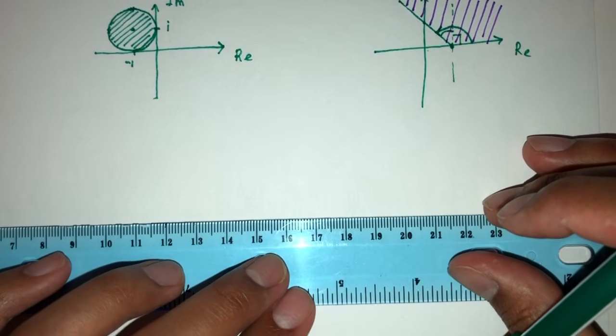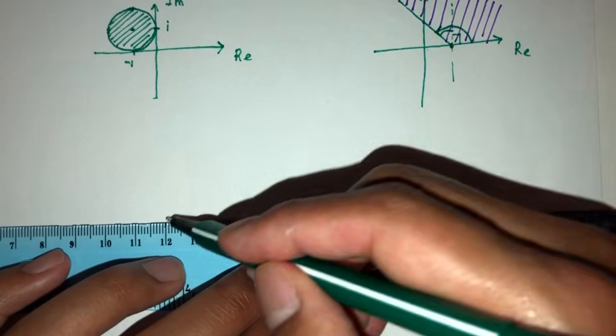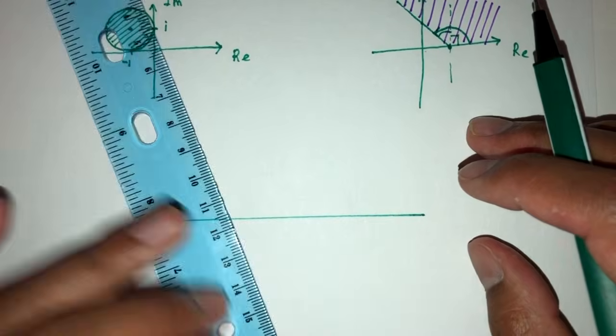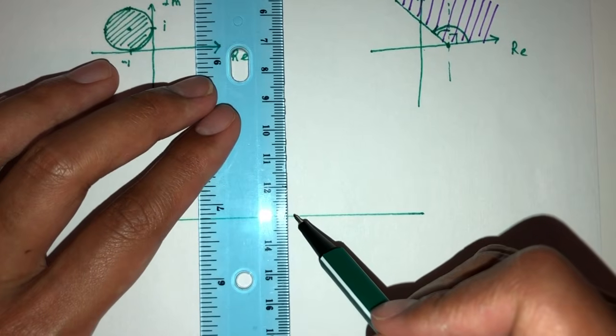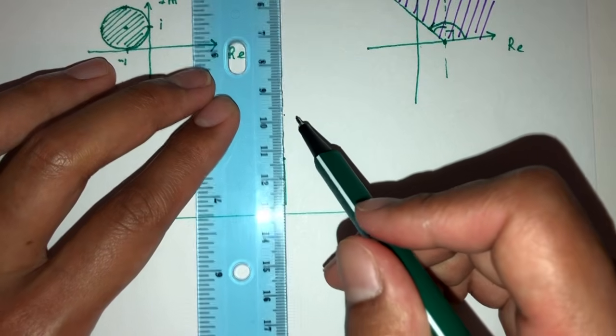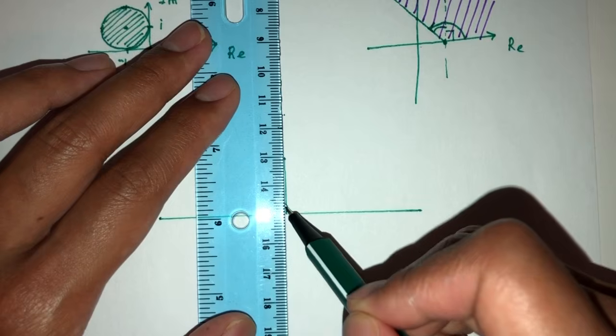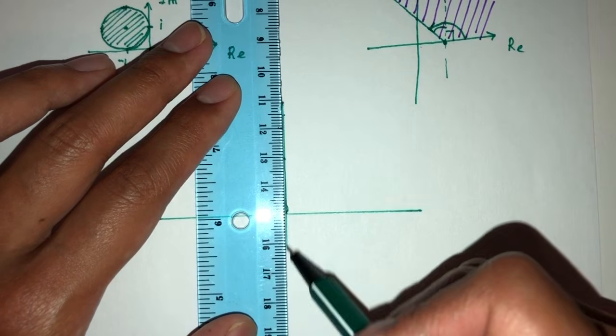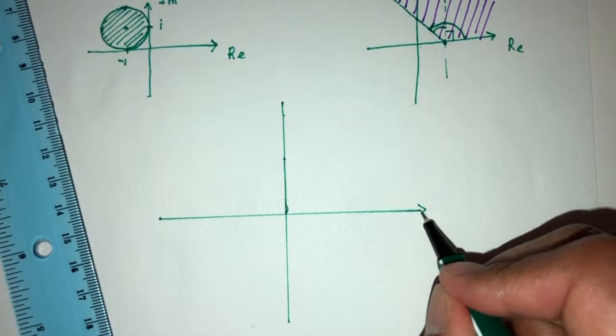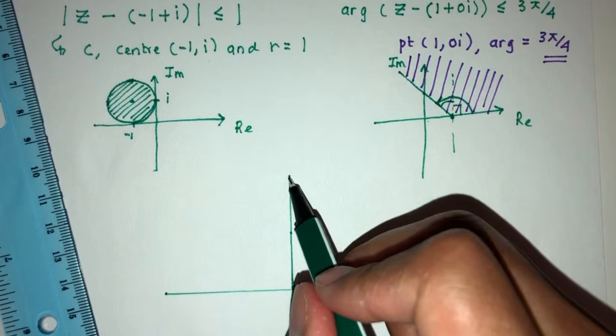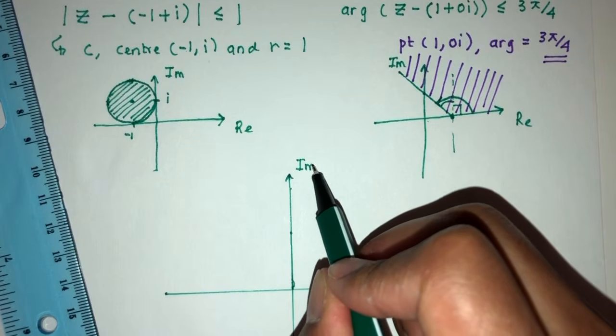I will first draw my real axis and my imaginary axis. Okay, so that will be the real one and the imaginary one.